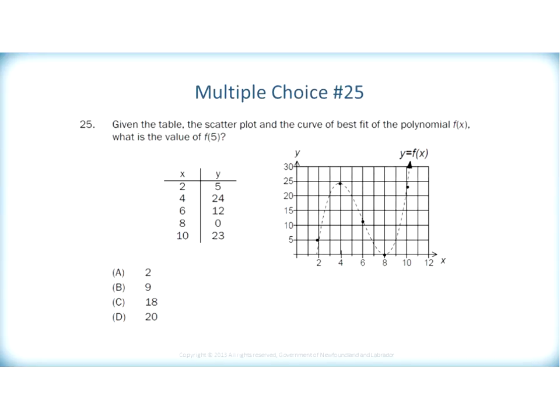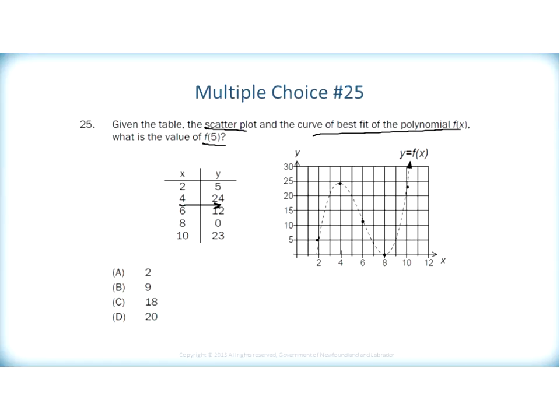Here it says, given a table of a scatter plot and the curve of best fit of the polynomial f of x, what is the value of f of 5? So we're looking at when x will be 5 based on the trend. Here they have a table, and of course x equals 5 is not in the table.